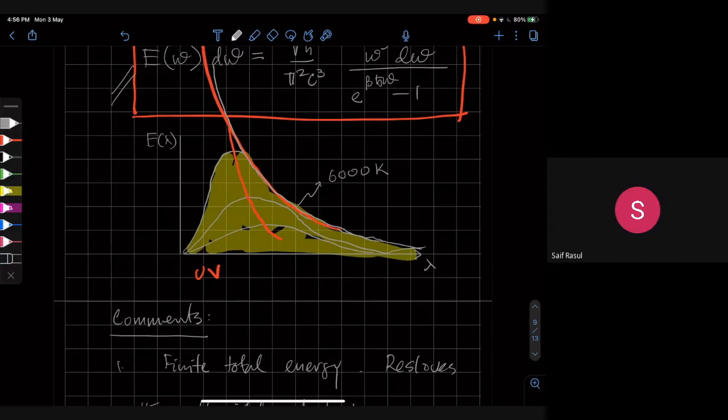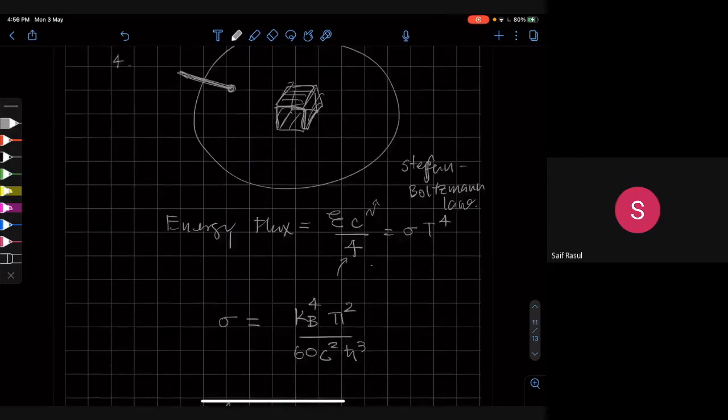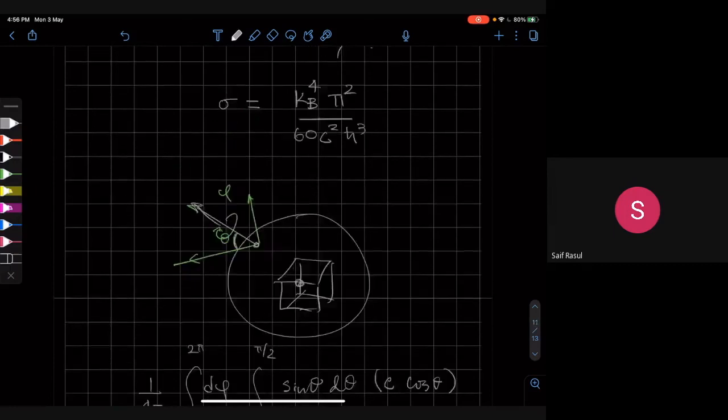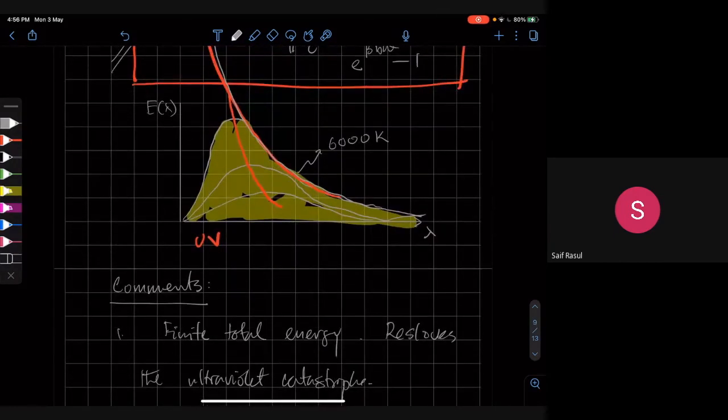So what happens in quantum mechanics that produces the dip? You see that for low frequency, the classical thing is a good approximation.